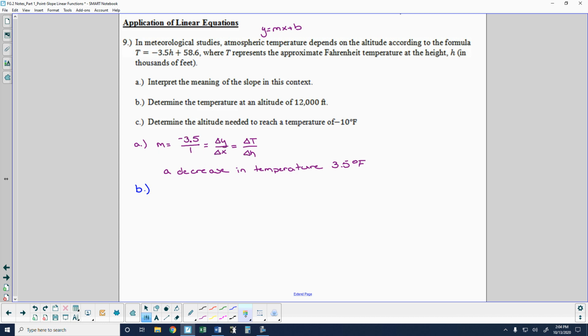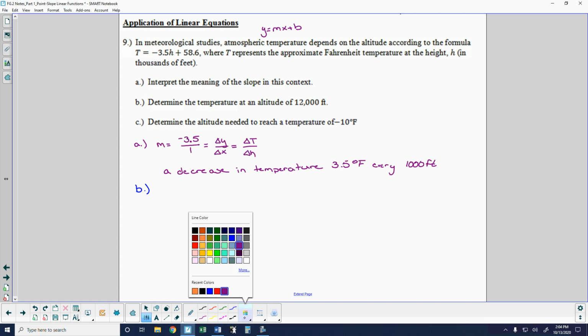It drops 3.5 degrees Fahrenheit every 1,000 feet. Whenever we go up 1,000 feet, the temperature goes down 3.5 degrees Fahrenheit. So H actually represents height in thousands of feet. So that's key information there.